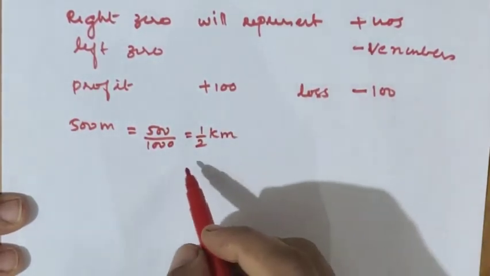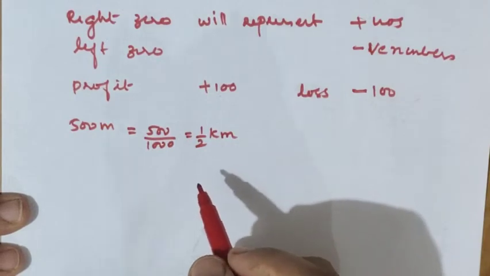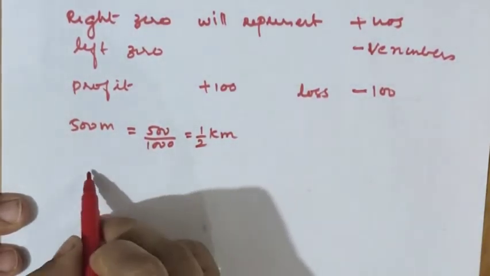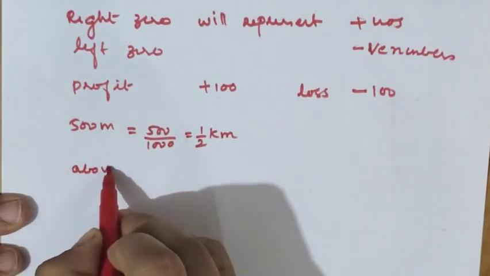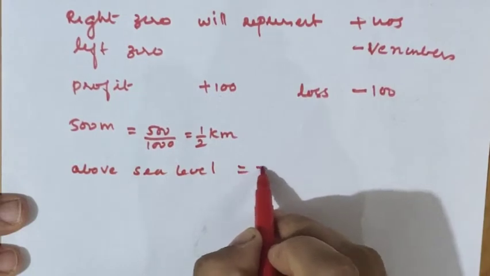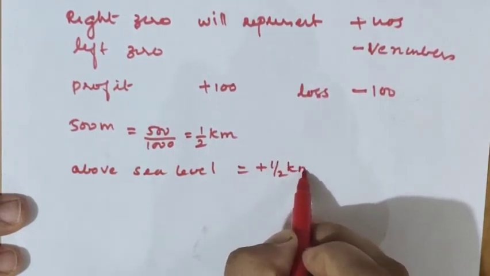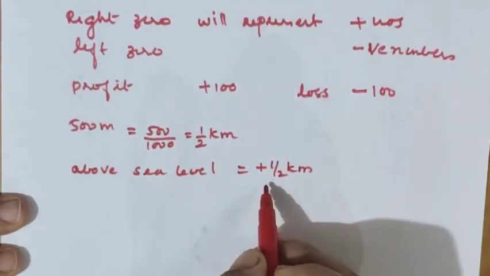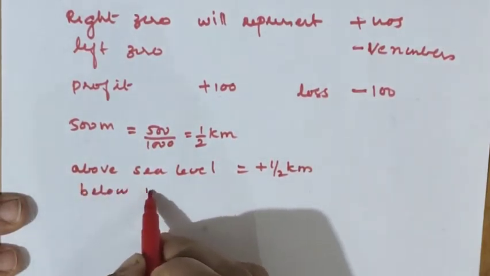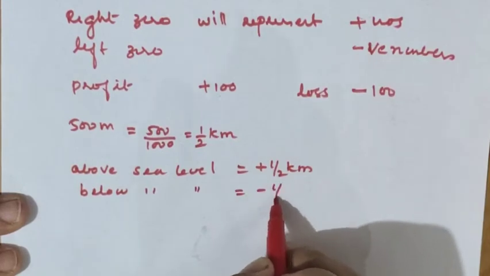Now this 1 by 2 kilometer, if I go above the sea level, we represent it as plus half kilometer, and below the sea level it is minus half.